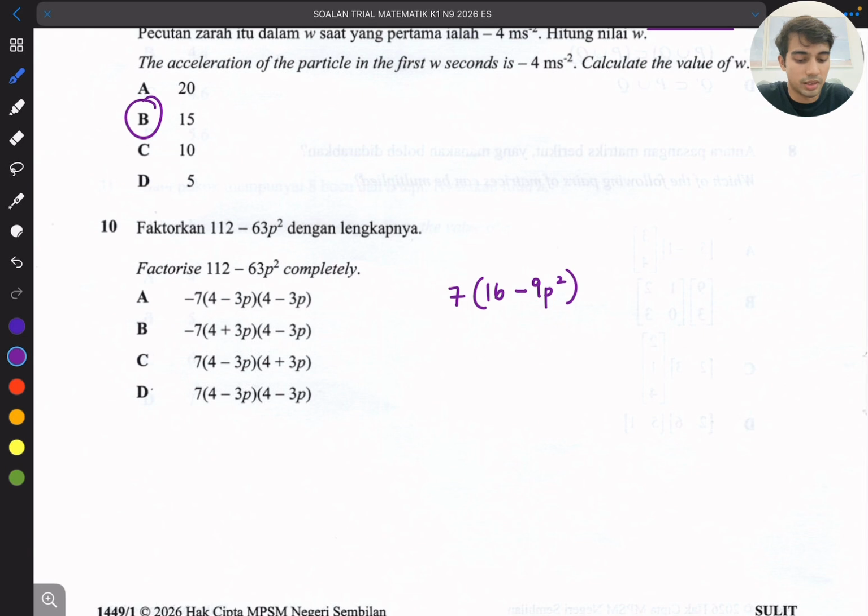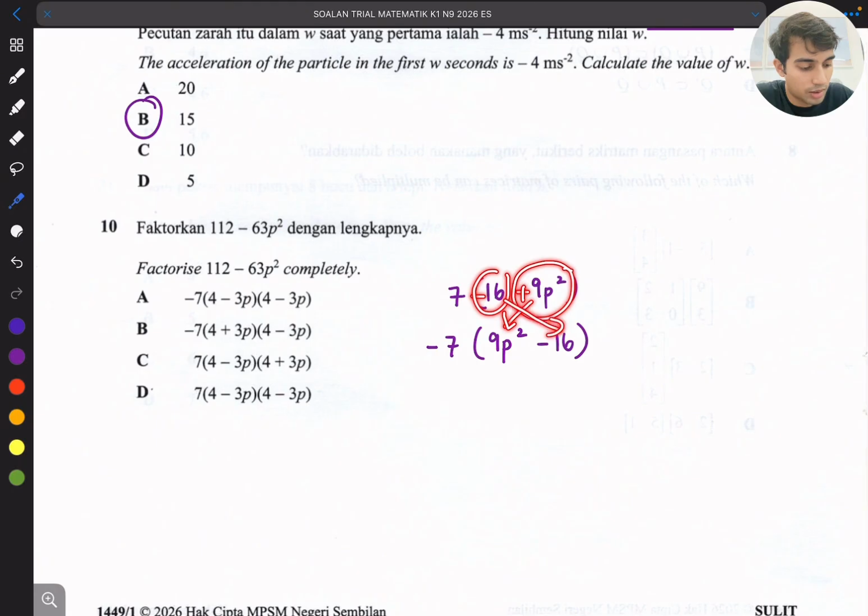To make our life easier, let's try to make p square positive. So what we do is, we divide this by negative. So it means we take out the negative. So we'll get positive 9p square minus 16. Okay, this one will be negative, this one will be positive. Then I rearranged it. Okay, I put this here.